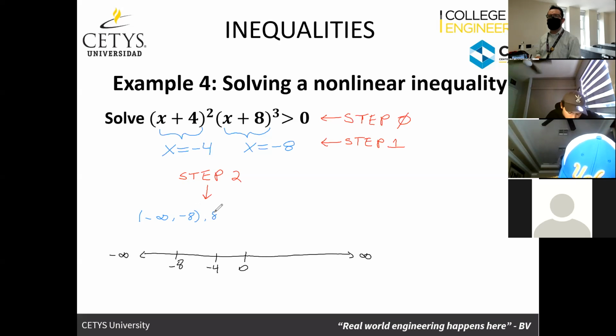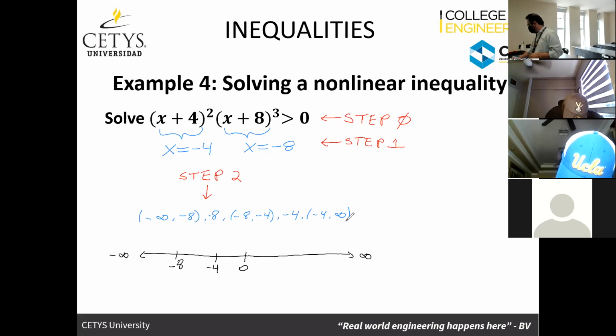Then we incorporate the -8. Then it's going to be from -8 to -4. Then the -4. And then we're going to go from -4 to infinite. And that's going to be step 2, establishing the intervals.